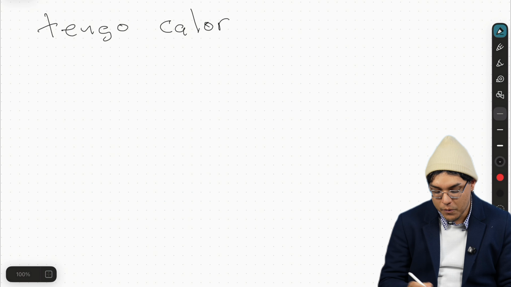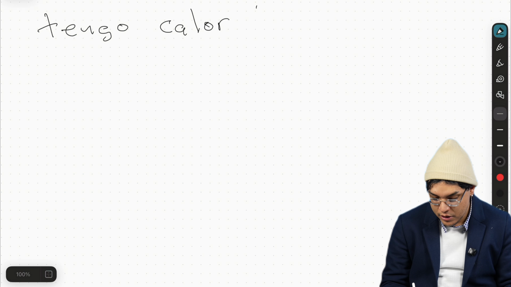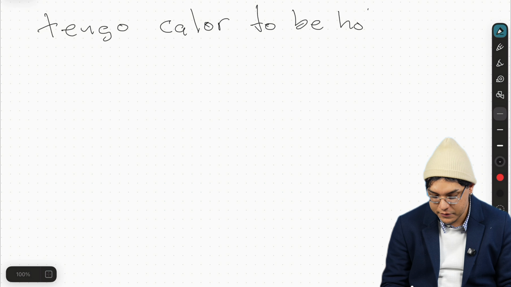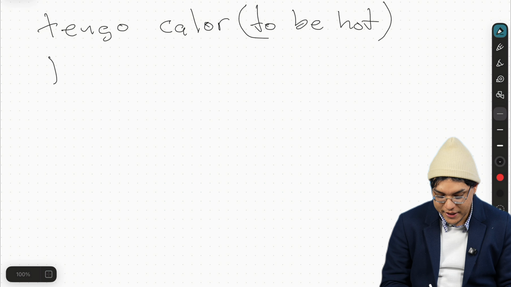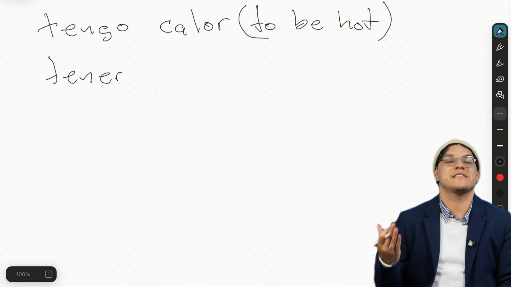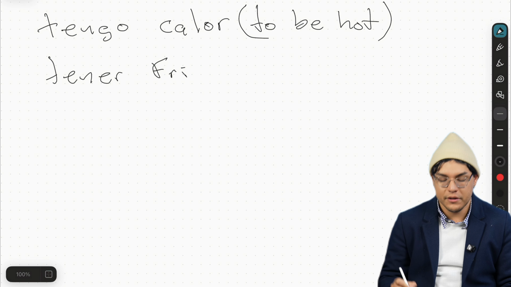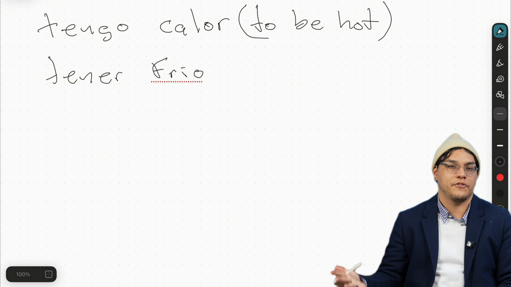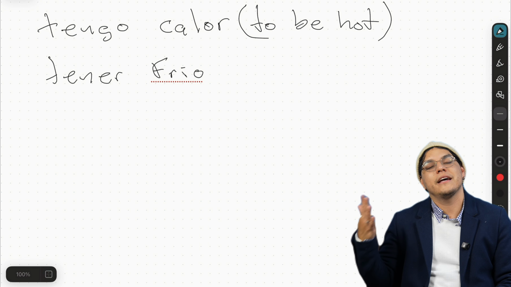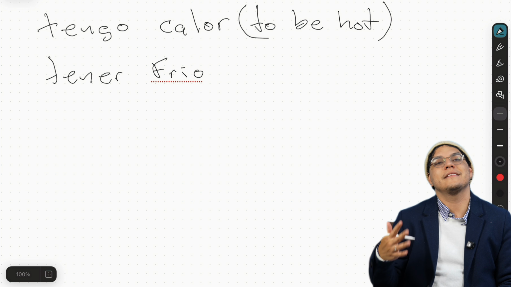So we have tener calor, to be hot. Tener frío is pretty much the same. We don't say estoy frío because that would change completely the meaning of the sentence. If you want to say I am cold, you need to say tengo frío.